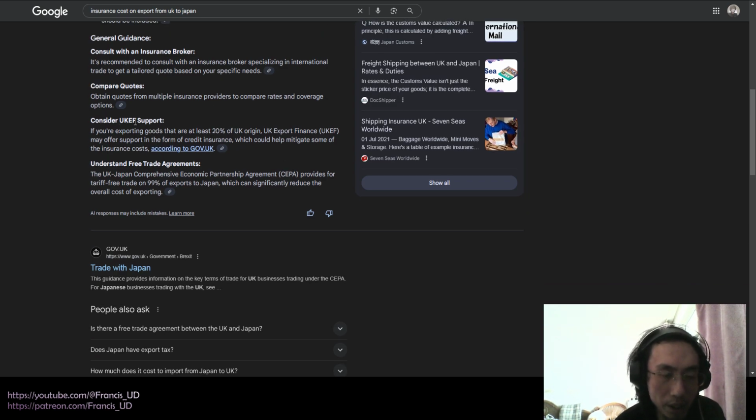Consider UKEF support. If you are exporting goods that are at least 20% of UK origin, UK Export Finance, UKEF, may offer support in the form of credit insurance, which could help mitigate some of the insurance costs, according to gov.uk.